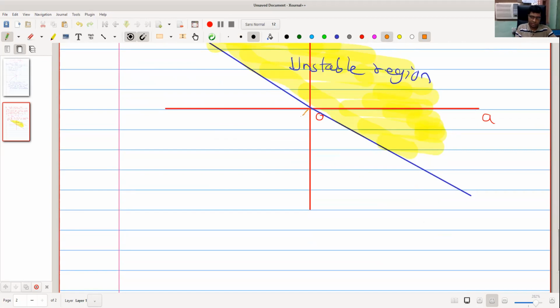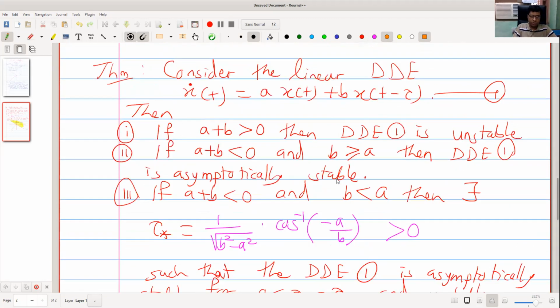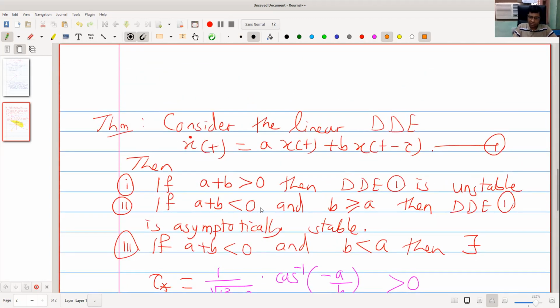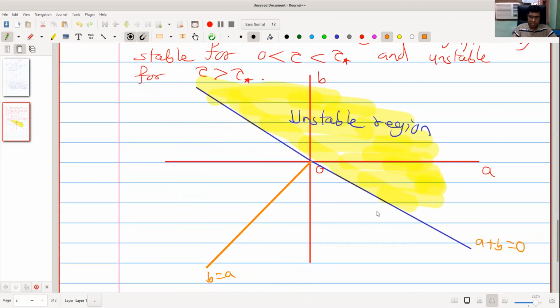Roughly this will be, okay, so this line is b equal to a, and this is a plus b equal to 0, or b equal to minus a. So if a plus b is negative and b is greater than or equal to a, it means this region. This region is the delay independent stability region.